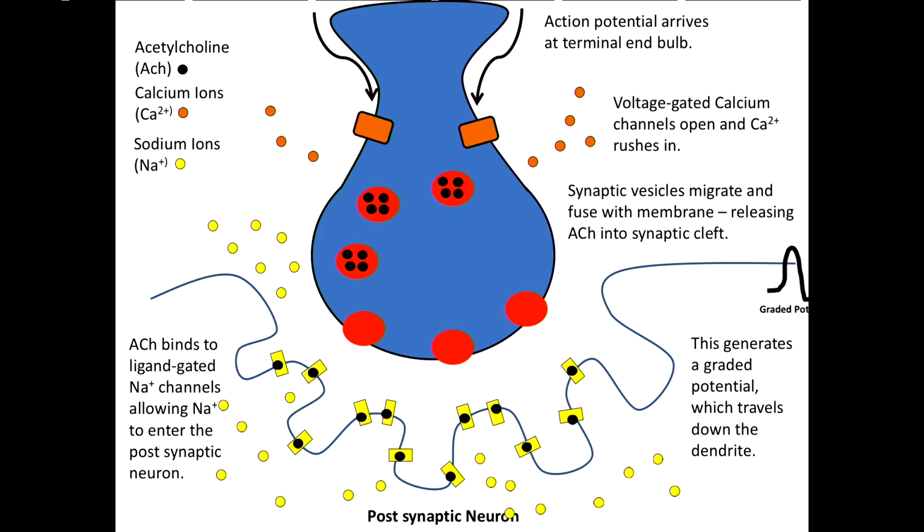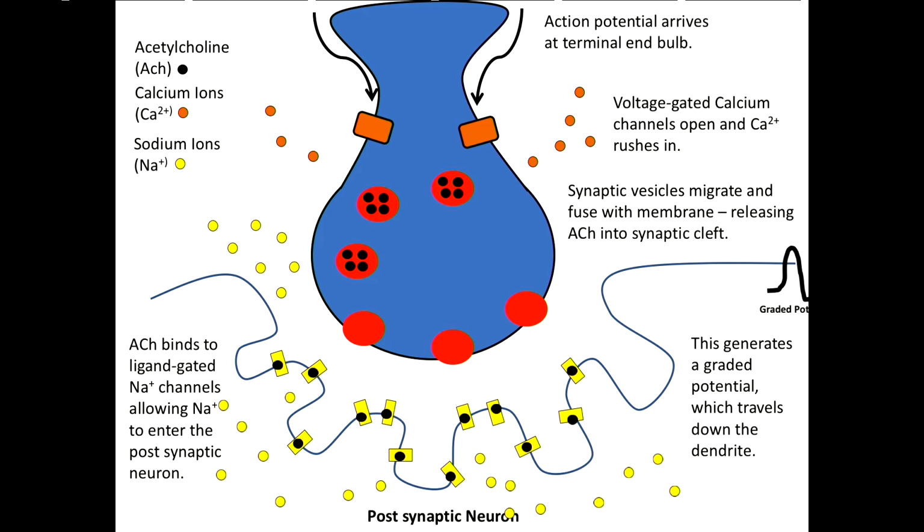You get the idea. If enough sodium rushes in, and there's enough of a depolarizing graded potential so that it reaches threshold, an action potential occurs. That is an example of an excitatory postsynaptic potential, an EPSP.